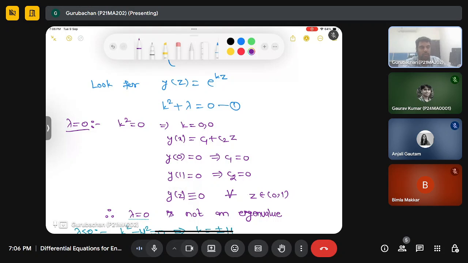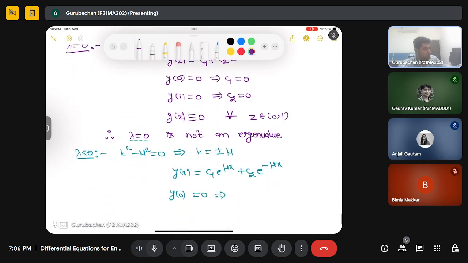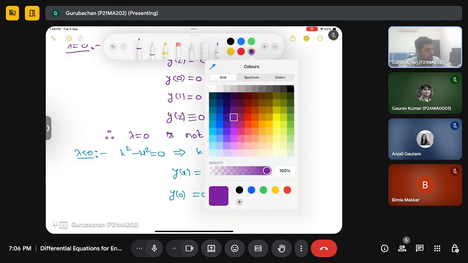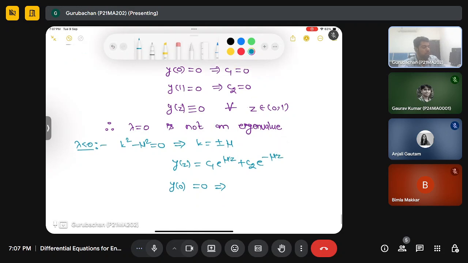Ultimately, we have to find the function in the form of x, but here we are doing it in the form of z. Similarly here, this will also be z. Okay, so y0 is 0.